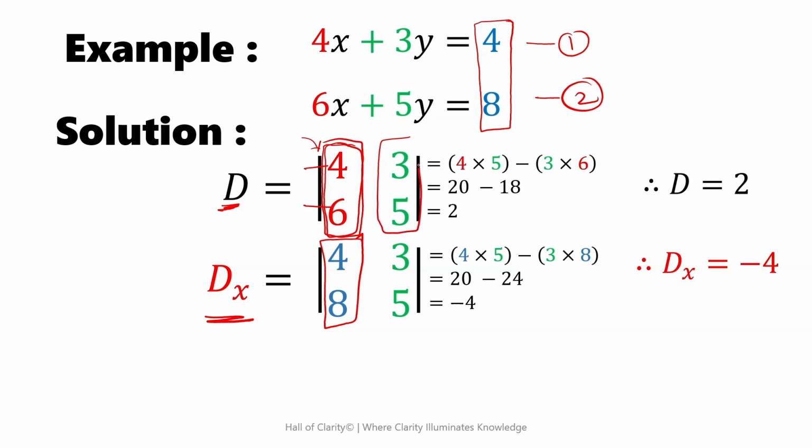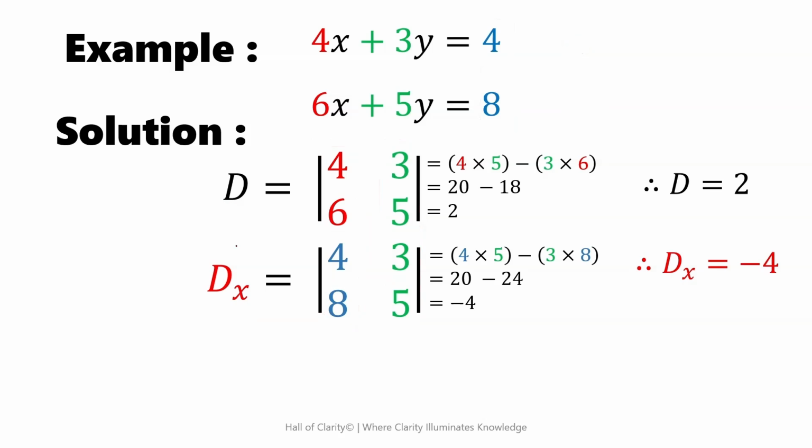And the remaining column, 3 and 5, which belongs to the coefficients of y of both equations, will be written as it is. After writing this determinant Dx, we simplify it in this way, and we get the value of Dx as minus 4.